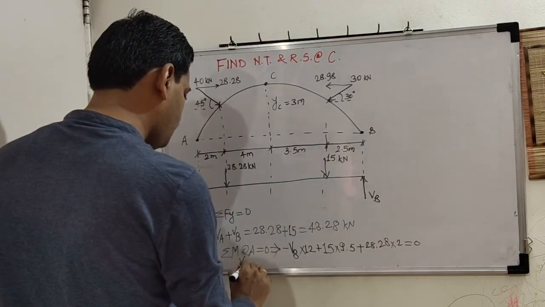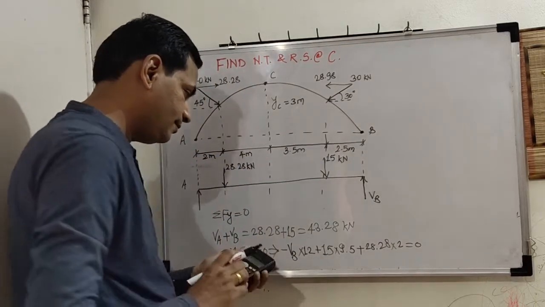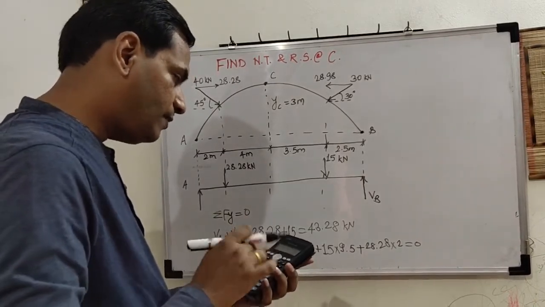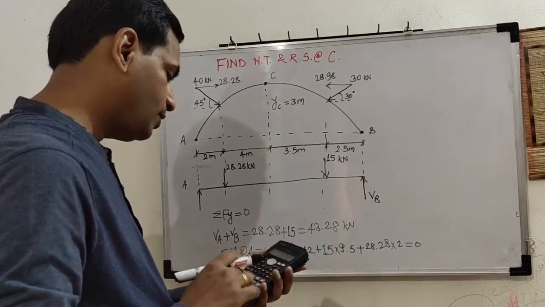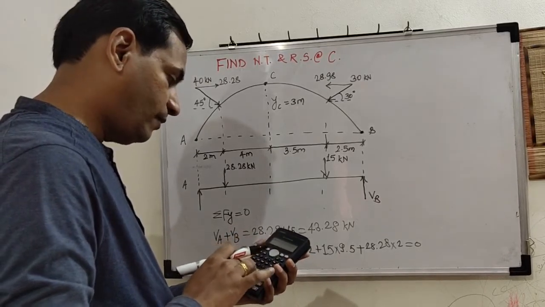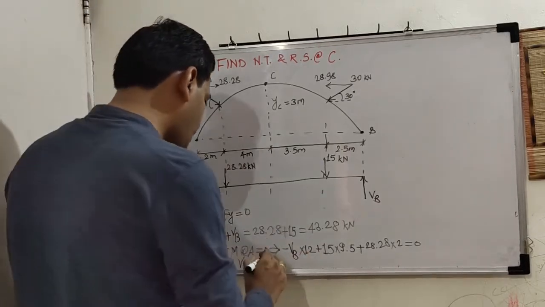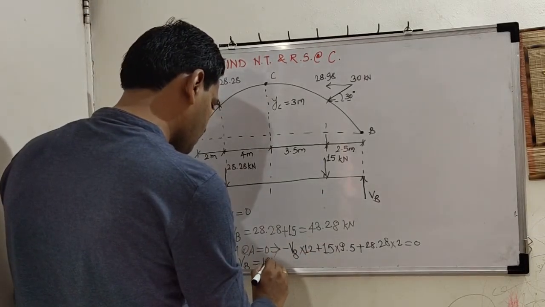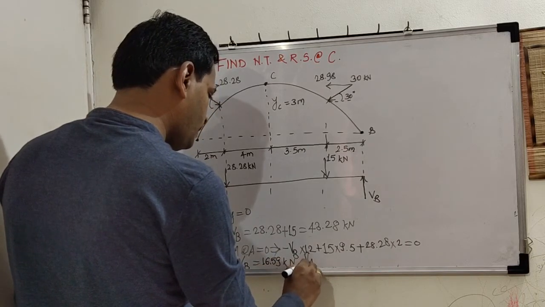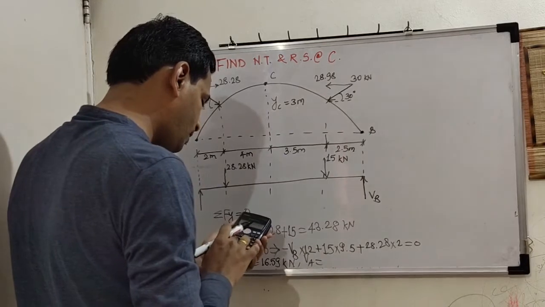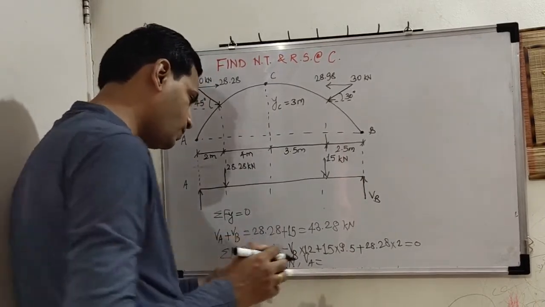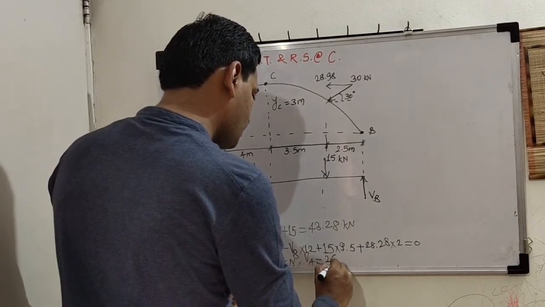So how much is VB from this? Let us calculate. 15 into 9.5 plus 28.28 into 2 upon 12. So it is 16.59 kilonewton. So VA will be how much? 43.28 minus 16.59. So it is 26.69 kilonewton.